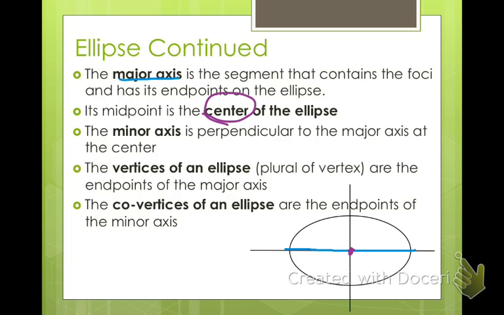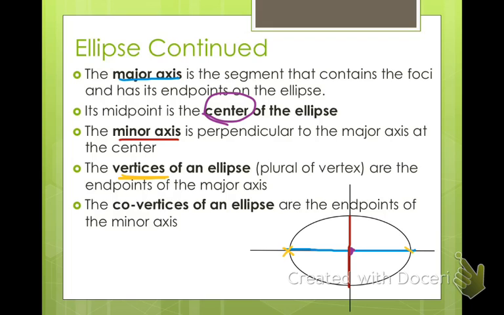So this right here. The minor axis is just like the major axis, except instead of being the longer side, it's going to be perpendicular to that longer side. And its endpoints will be on the ellipse the other direction. We have vertices. These are the endpoints of your major axis.